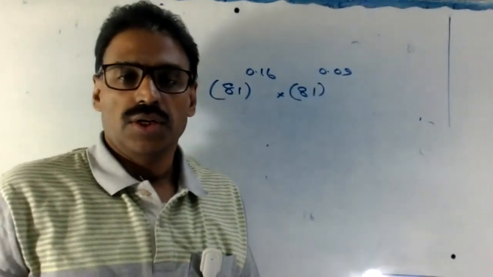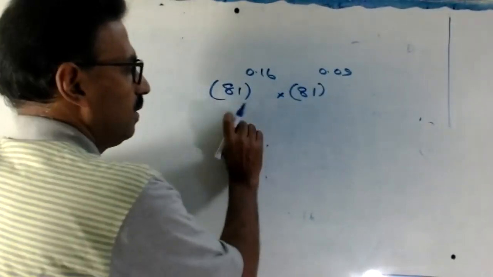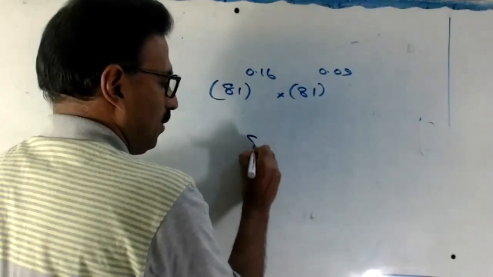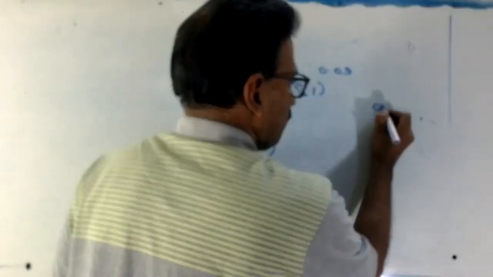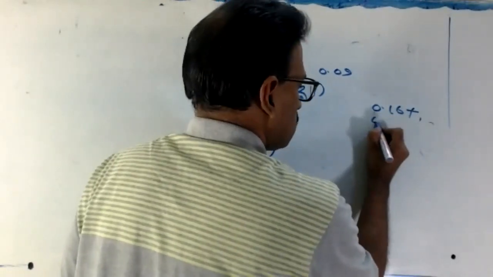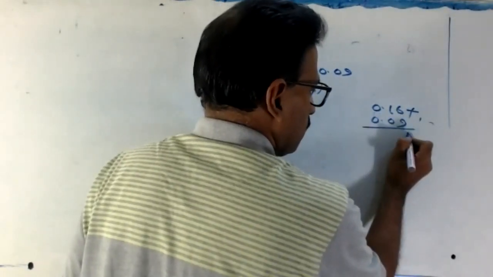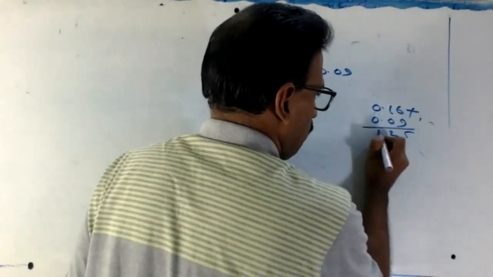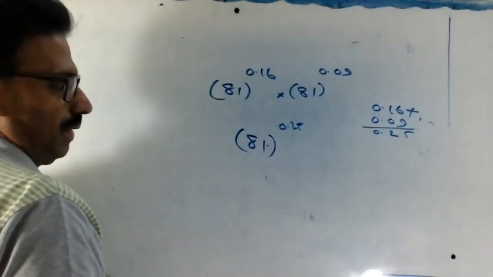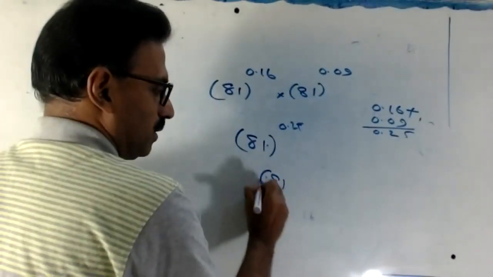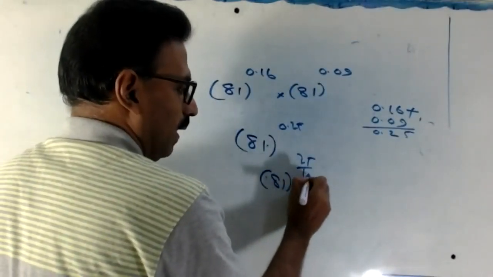Okay, look at here. First of all, this one, same base we can add. 81 raised to 0.16 plus 0.09. How much? 0.25. Then 81 raised to 25 by 100.